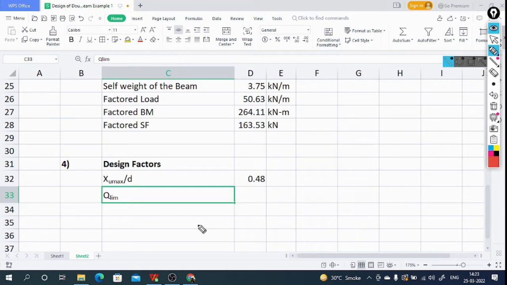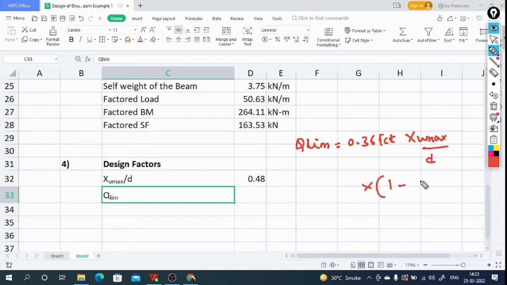The formula for QLIM is QLIM equal to 0.36 FCK XU max by D into 1 minus bracket 1 minus 0.42 XU max by D. We shall insert this formula in this cell.